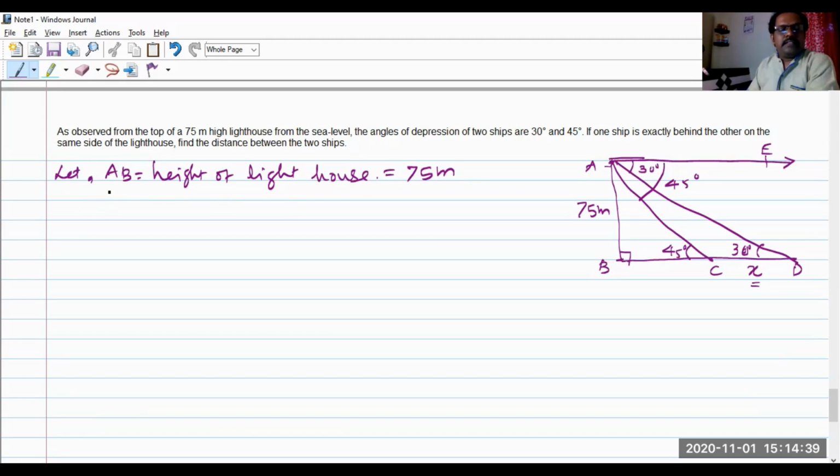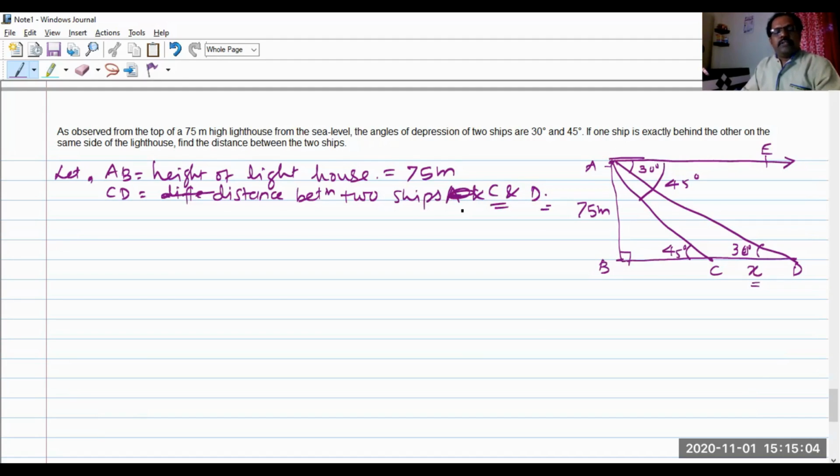CD is the required distance between the two ships, sorry, not A and B, they are C and D. The C and D are the two ships, so the distance between them is CD. Let CD be x meters, which we need to find here.